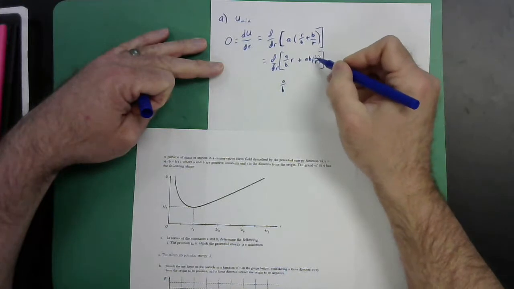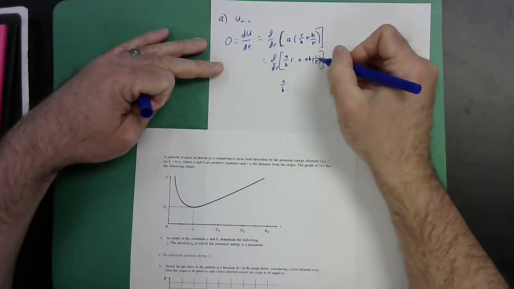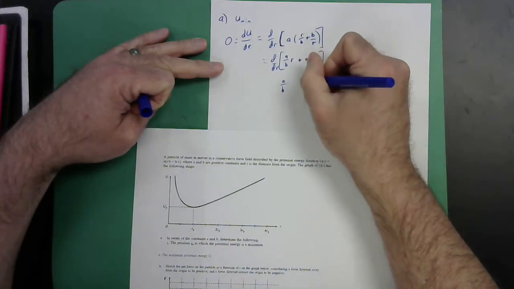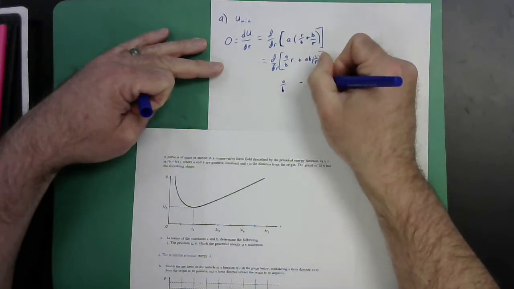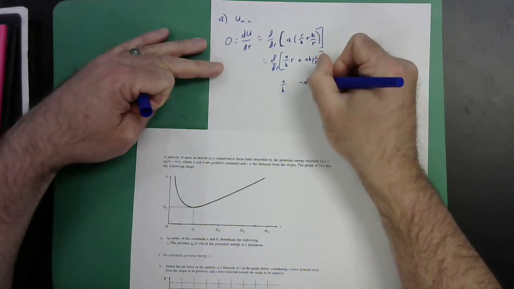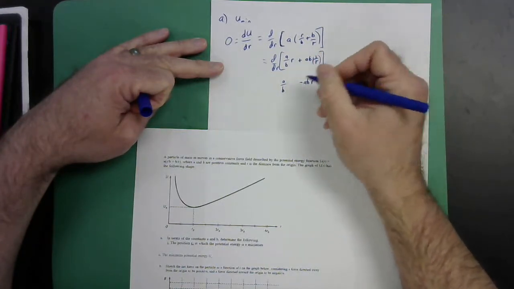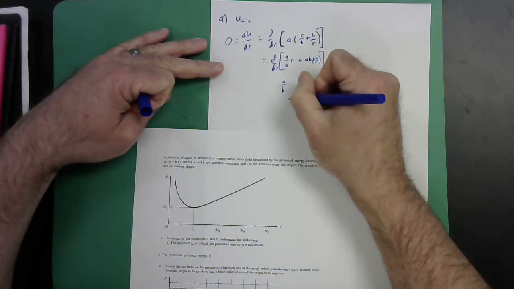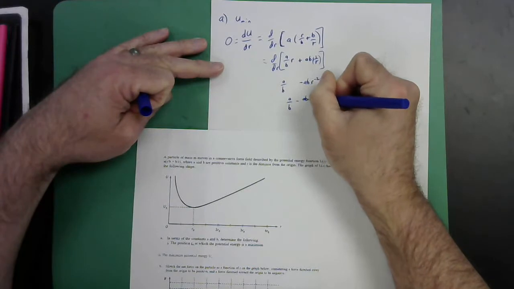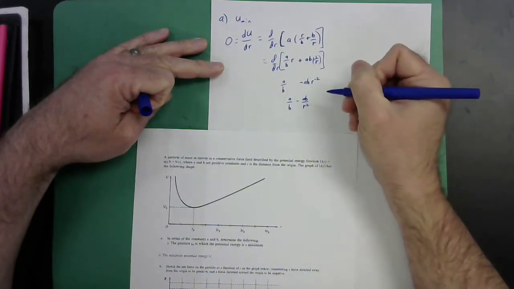Now here, this is AB times R to the minus 1. The derivative of R to the minus 1 would be minus 1 times R to the negative 2 power, and that AB is coming along for the ride there. That's what I would get. I could write that a little bit tidier as A over B minus AB over R squared.